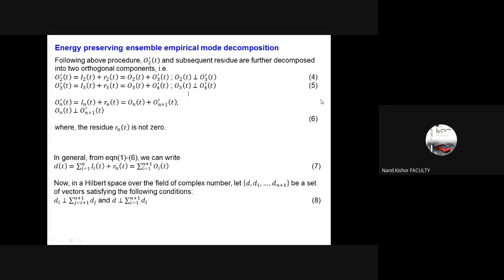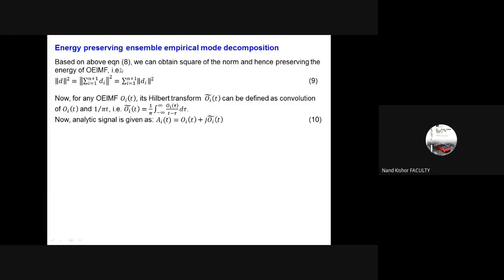And thus from equations 1 to 6, in general form, we can write it this way here, right? And finally, in the Hilbert space, because there could be different disturbance signals, we can refer to D, D1 and so on. That could be the set of the vectors, and for each set of the vectors, these conditions have to be satisfied.